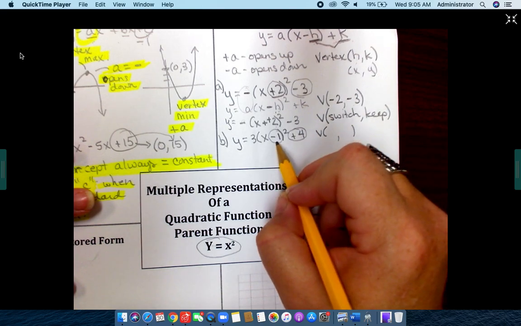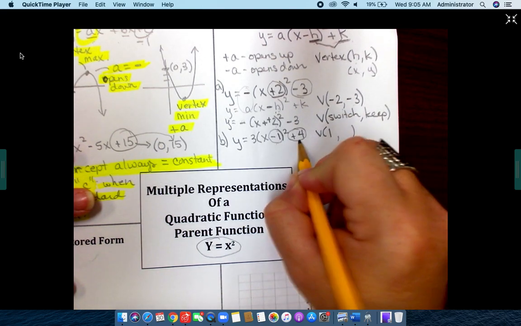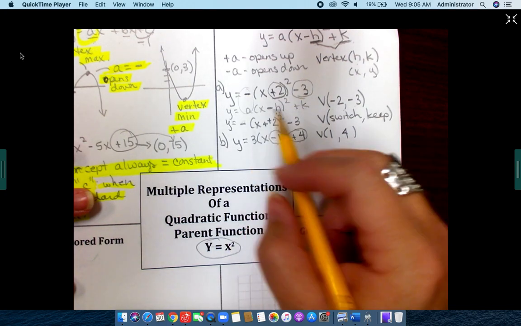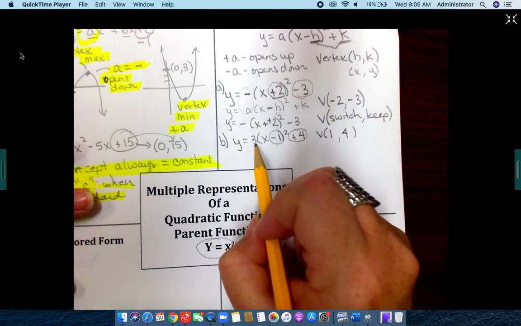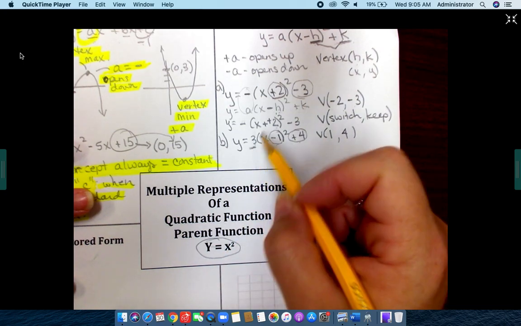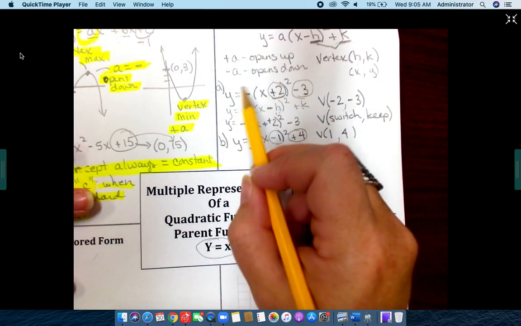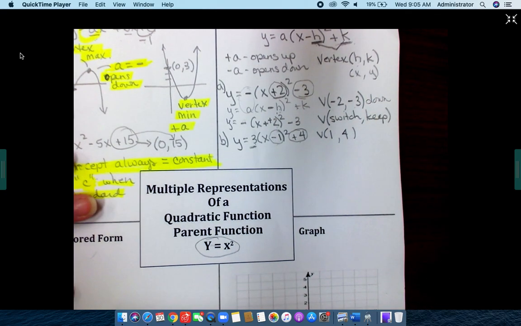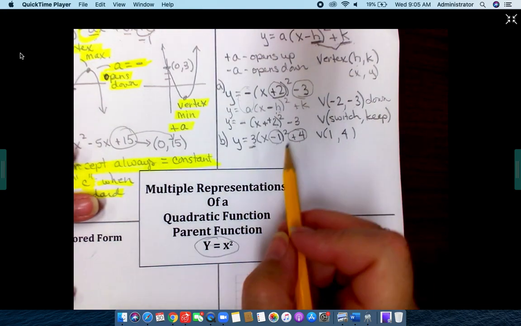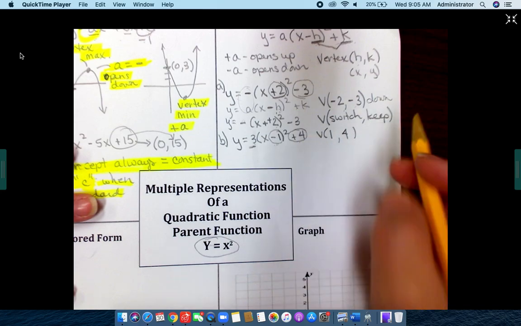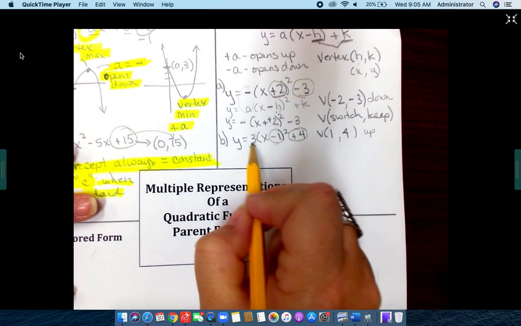If we switch to negative 1, it's going to be a positive 1, but we keep the positive 4. And we know that it opens up because my a value is a positive 3. That's going to be important for our Delta Math assignment today. Because this was negative, it's going to open down. So I'll come up here and beside the vertex put negative 2, negative 3, and we know it opens down. For this one here, my vertex is positive 1, positive 4, and it opens up because my a value is a positive 3.